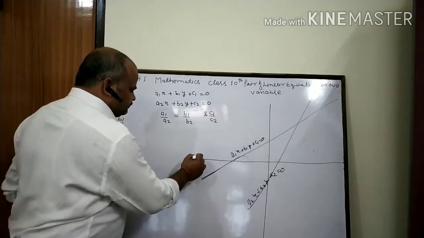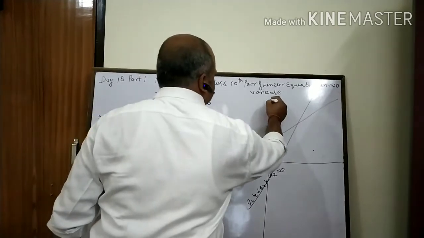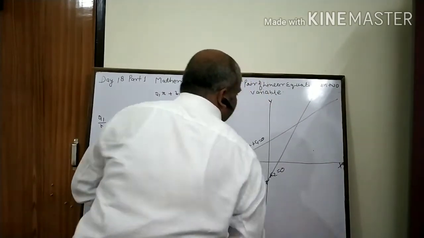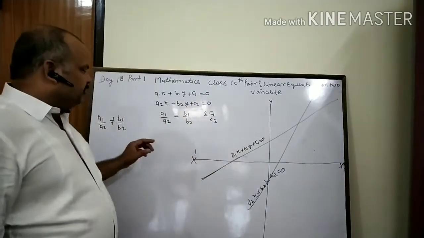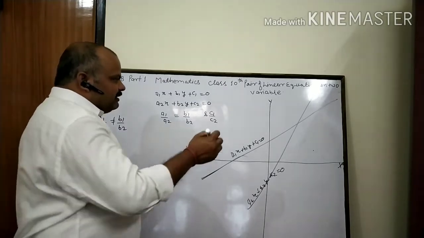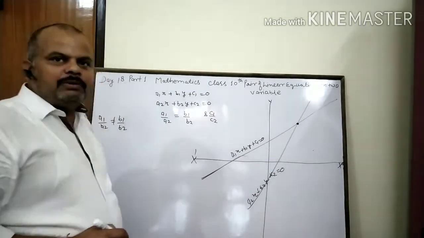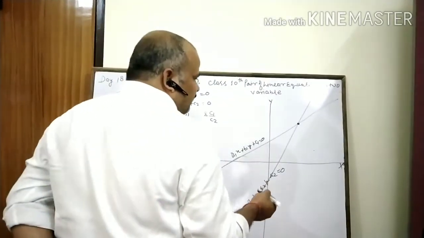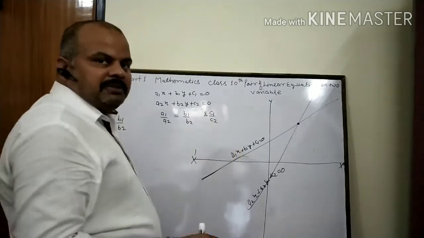Suppose this is the graph of these linear equations and you want the graphical solution, then the point where the lines intersect gives the values of x and y. Clear? And you already know how to find the coordinates of this point.